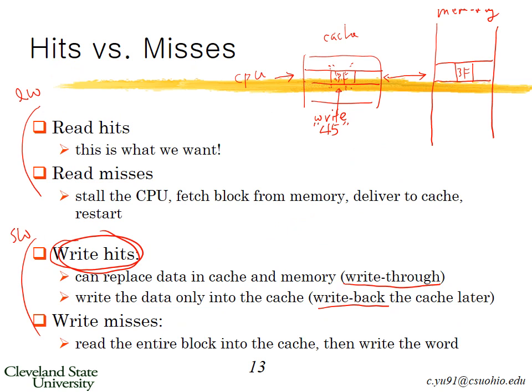So cache hit and cache miss combined with the read operation and write operation give 4 possibilities: read hit and read miss, which have something to do with the load word instruction. In case of a read hit, you're just reading from the cache and that is it. In case of a read miss, you cannot find the data in the cache, so you have to go to the memory and consume 100 cycles to bring the block from memory to cache and restart the operation.